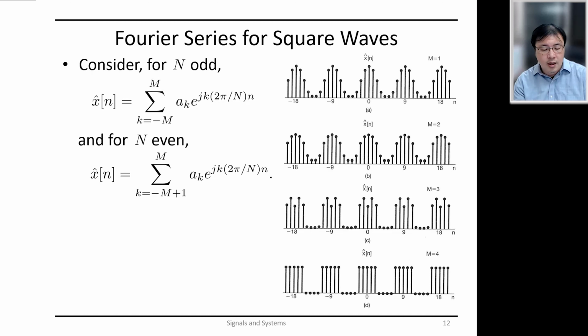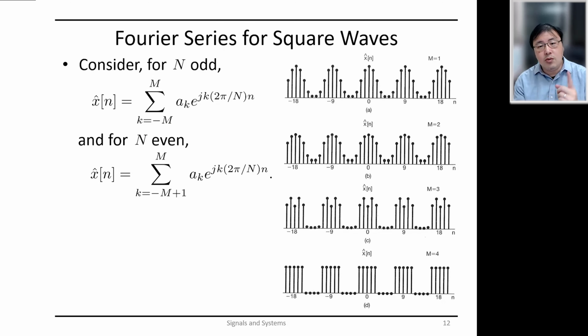If it is even, then you just sum over an even number of terms, going from minus M plus 1 to capital M, but this is not that critical for our discussion.